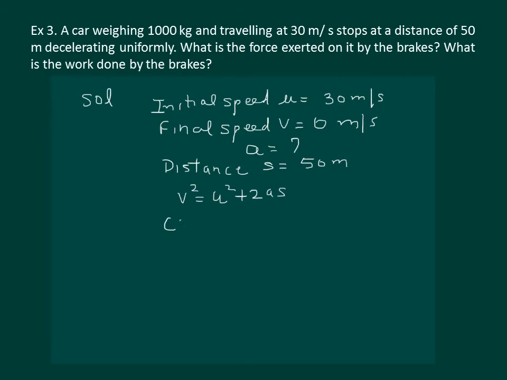V square equal to 0 square, U is 30, and 2A into 50.